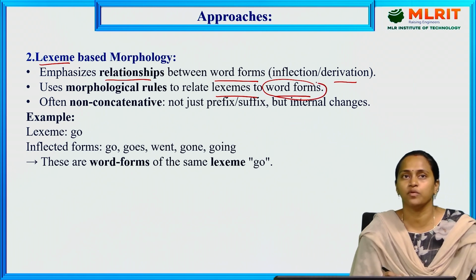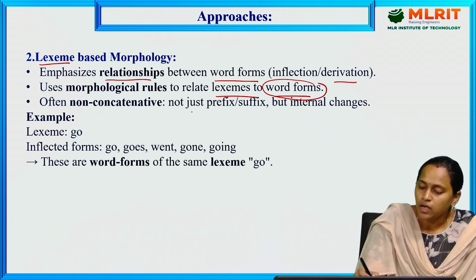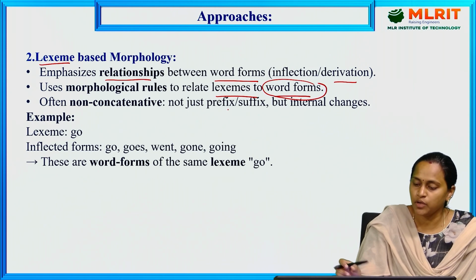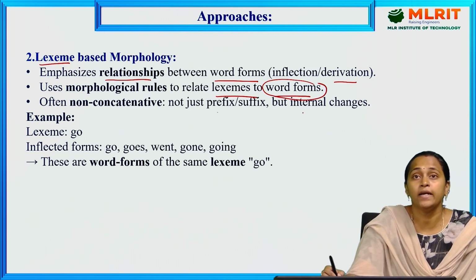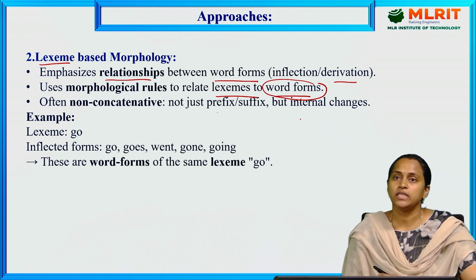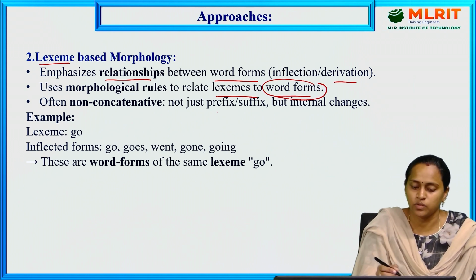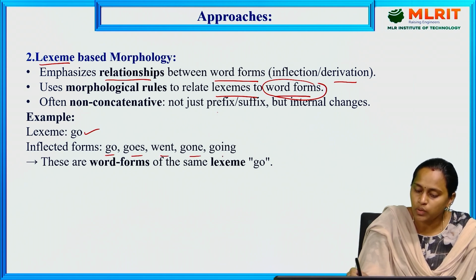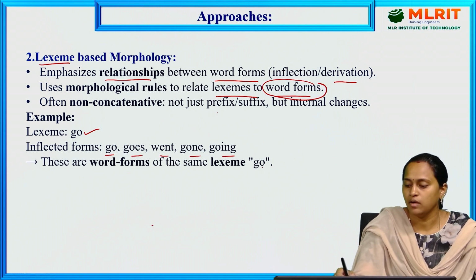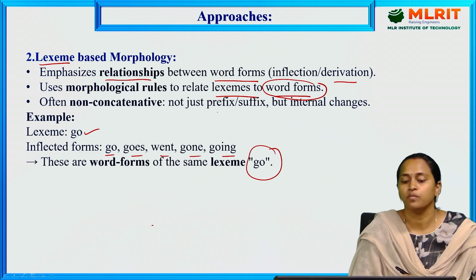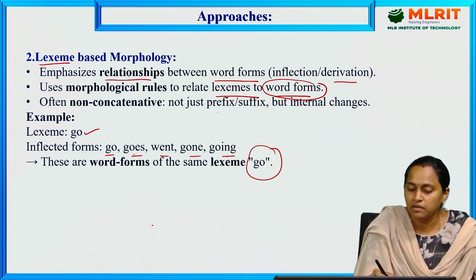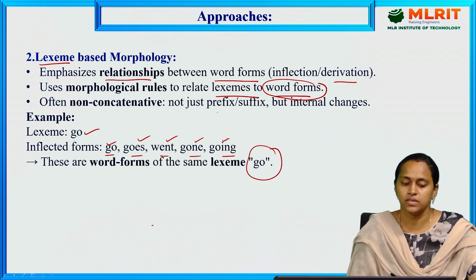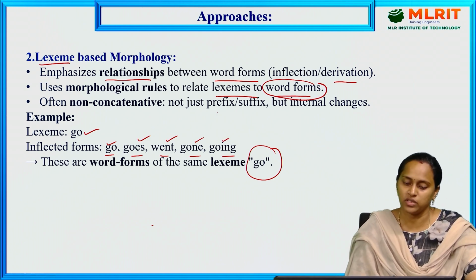Often we are not just adding a prefix and suffix, but making internal changes, also changing the internal meaning. Example, the lexeme go. Its inflected forms are go, goes, went, gone, going. These are the word forms of the lexeme go. This is the example of lexeme-based morphology.